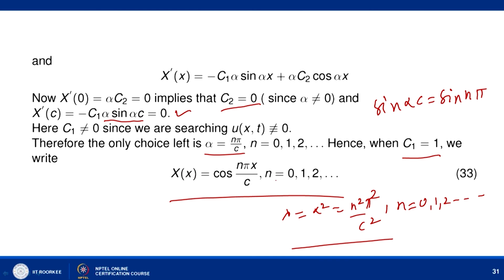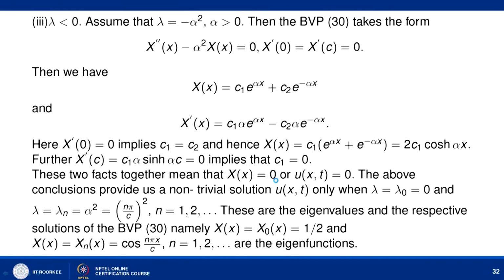Now let us consider one more possibility, that is lambda less than 0. Here assume that lambda equal to minus alpha square, alpha is positive. Then the boundary value problem takes the following form: X double dash minus alpha square X equal to 0 and X dash 0 equal to X dash c equal to 0. When we simplify, we have X of x equal to c1 e to power alpha x plus c2 e to power minus alpha x.